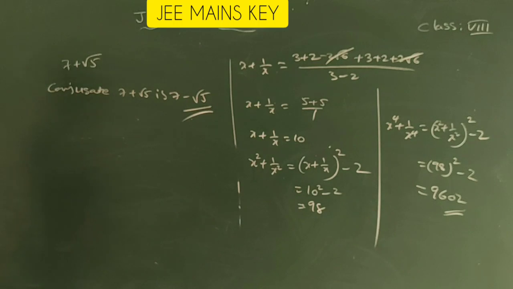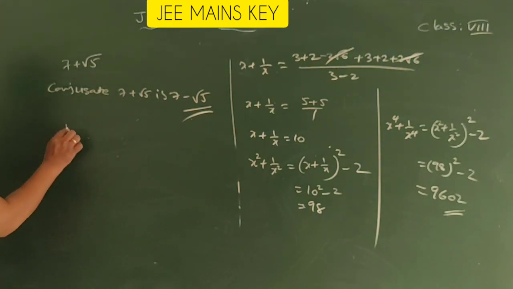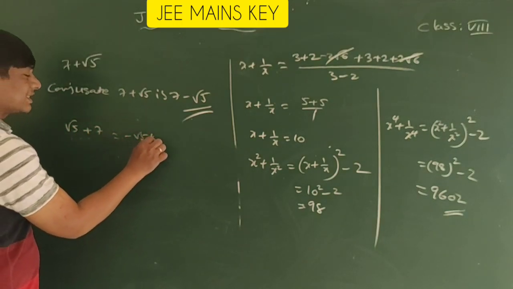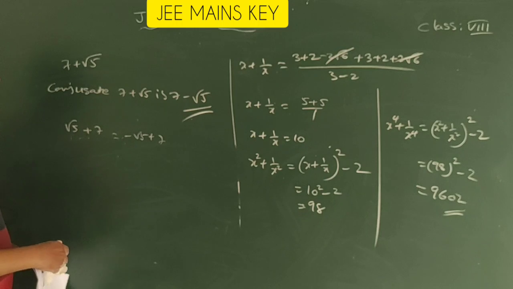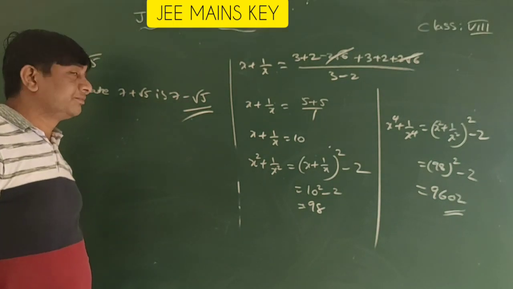Even if they give root 5 plus 7, we will take minus root 5 plus 7 only. So the conjugate of 7 plus root 5 is 7 minus root 5.